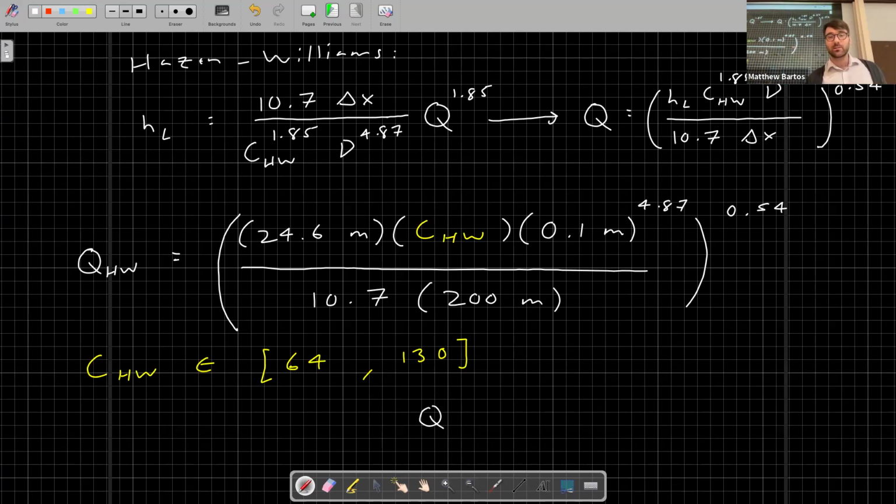And we get that our discharge is between 0.013 cubic meters per second and 0.027 cubic meters per second.